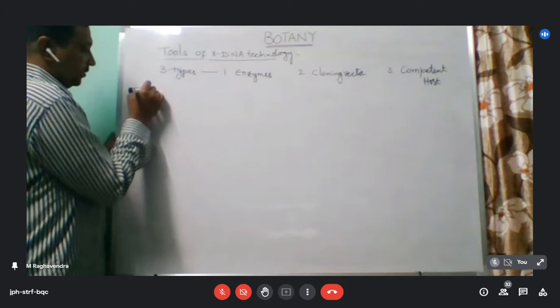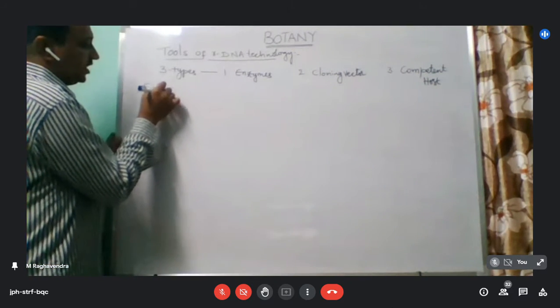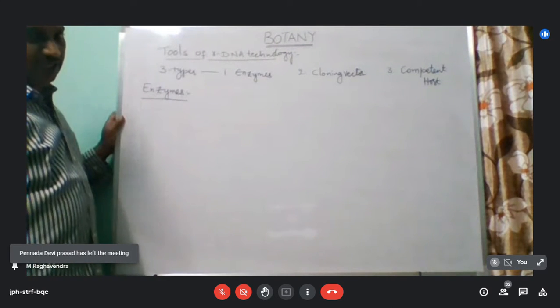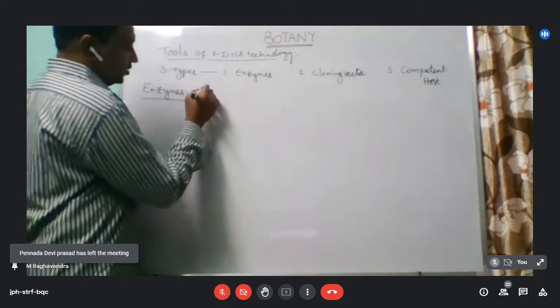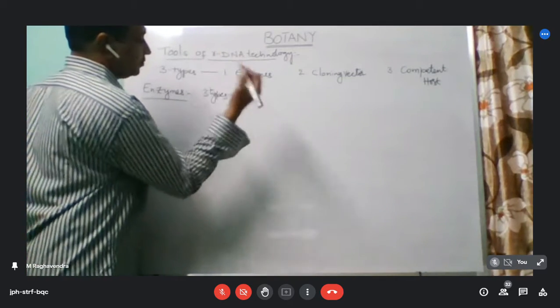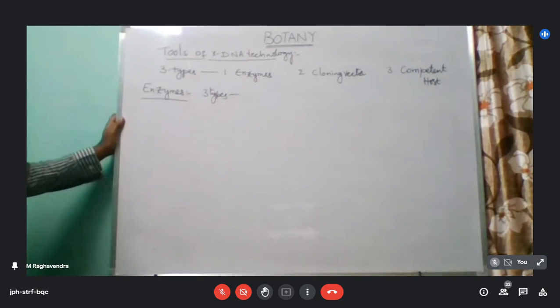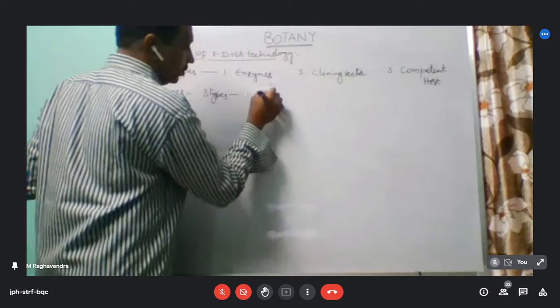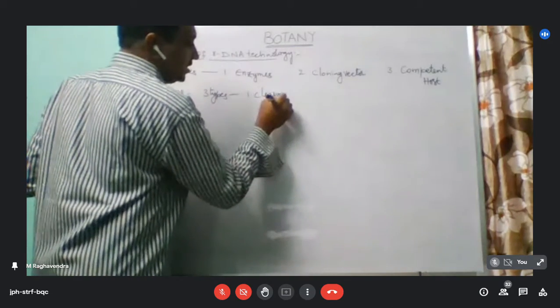Now, the first part, enzymes. What kind of enzymes are we going to use in recombinant DNA technology? Here we need three types of enzymes. Number one, cleavage enzymes.